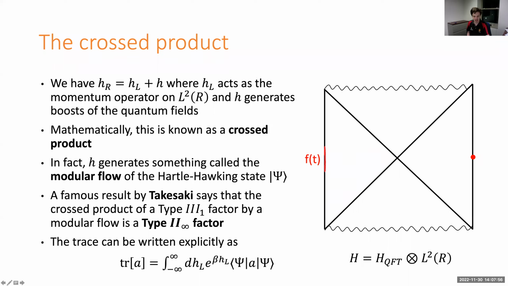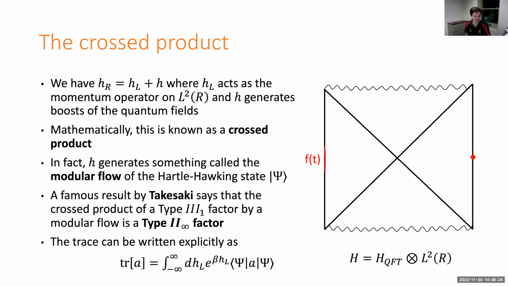Remember, A is a function of both the QFT operator and HR, which is a QFT operator plus HL. So this whole thing in general is a function of HL. In fact, it needs to be a function of HL if this integral is going to converge. For example, if A was just a QFT operator, then we just have the integral of e to the beta HL times a constant, which would be infinite, and it wouldn't have a finite trace.